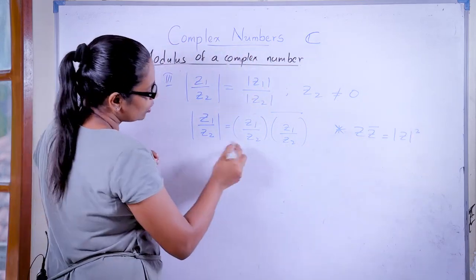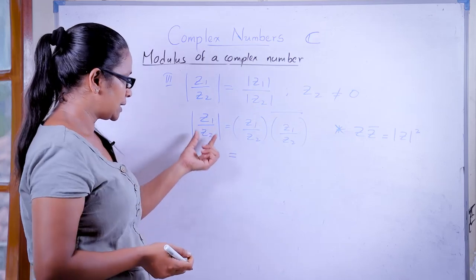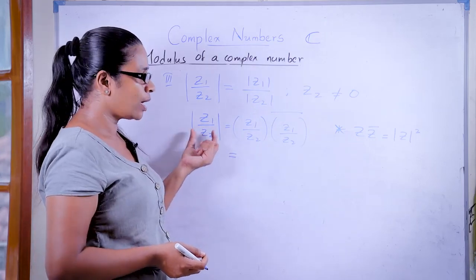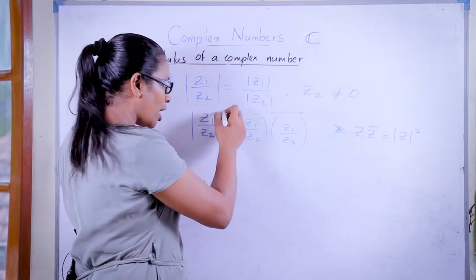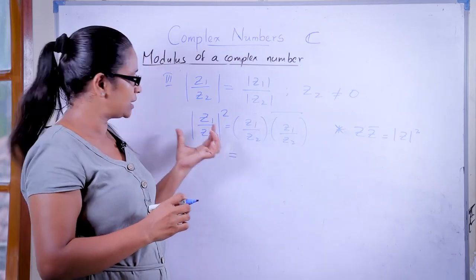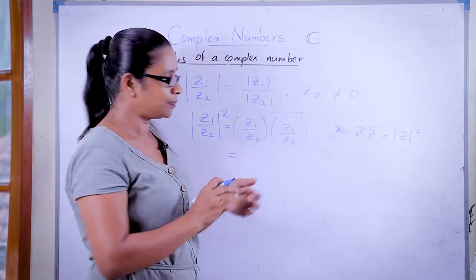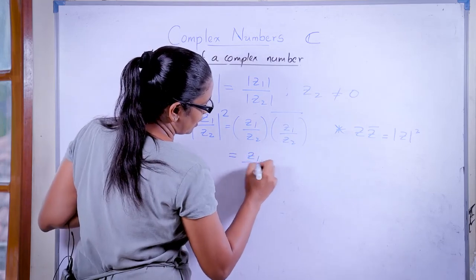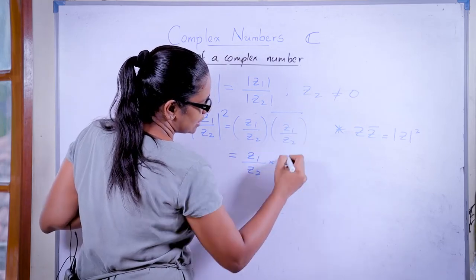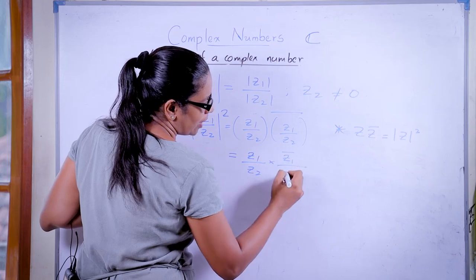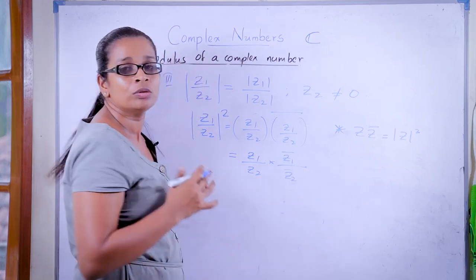Look at here, this is a complex number, so the square of this modulus equals the complex number into its conjugate. Now you know you can write this conjugate as z1 bar divided by z2 bar.